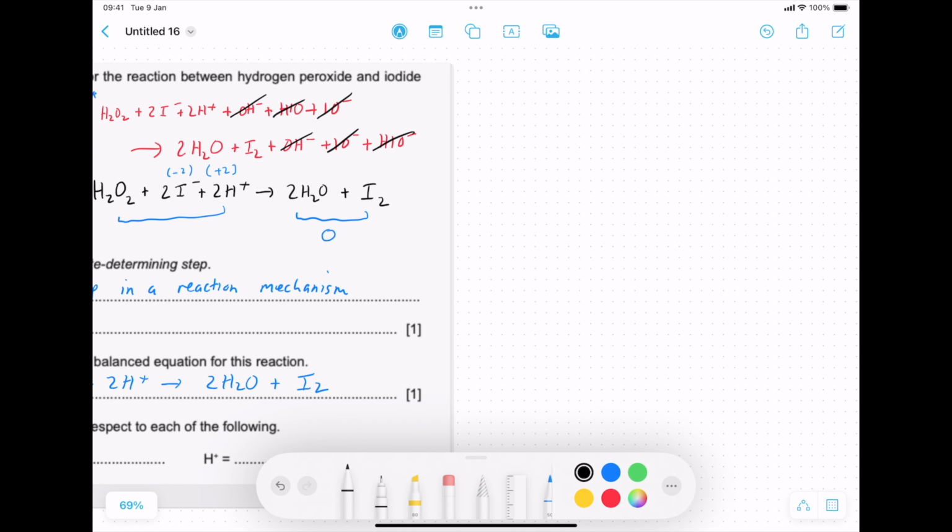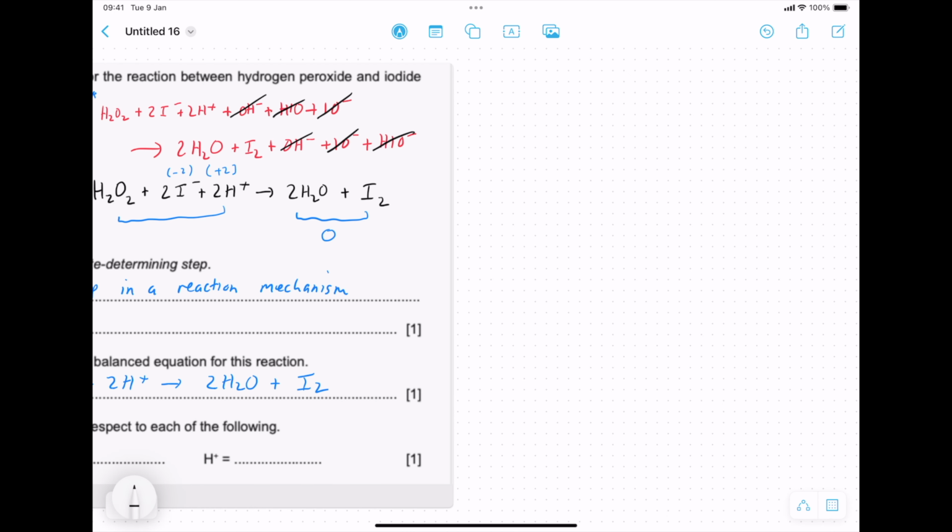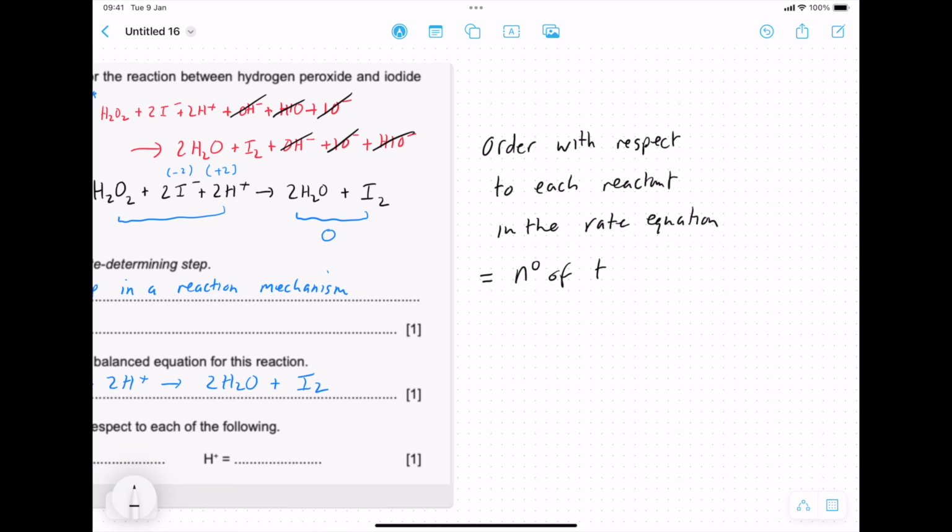The rule is to do with the rate equation and the rate determining step. The order with respect to each reactant in the rate equation is equal to the number of that reactant in the rate determining step.